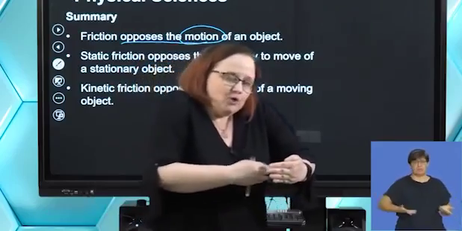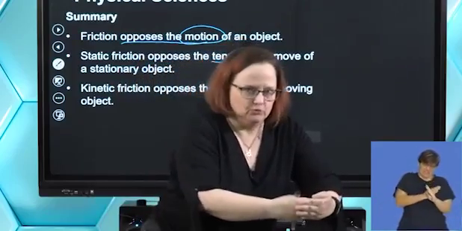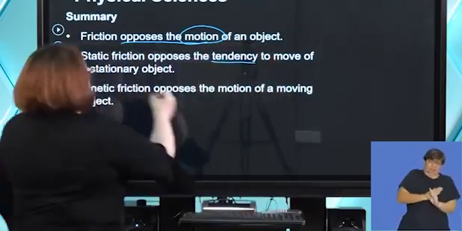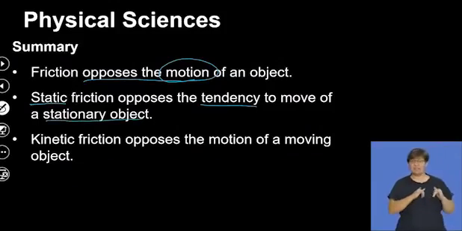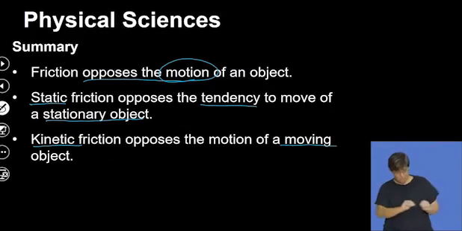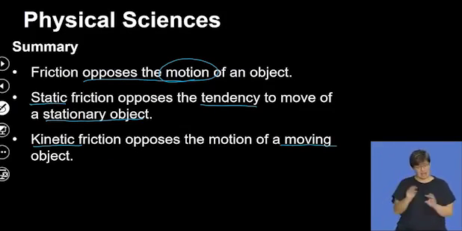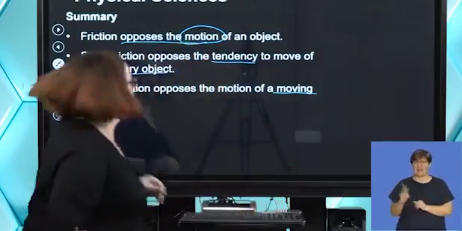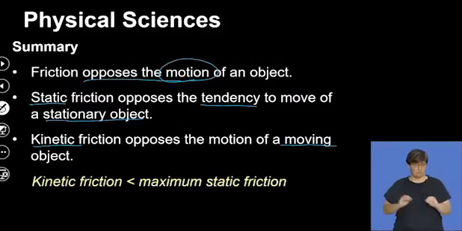So it's opposing the way it wants to move, okay? Static, stationary object. Kinetic friction opposes motion of a moving object. Moving. Kinetic, moving. Like kinetic energy. It's got to be moving, okay? Kinetic friction, always smaller than maximum static. Always, always, always.